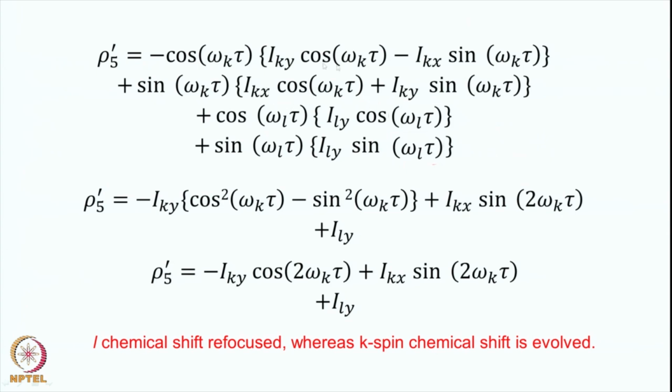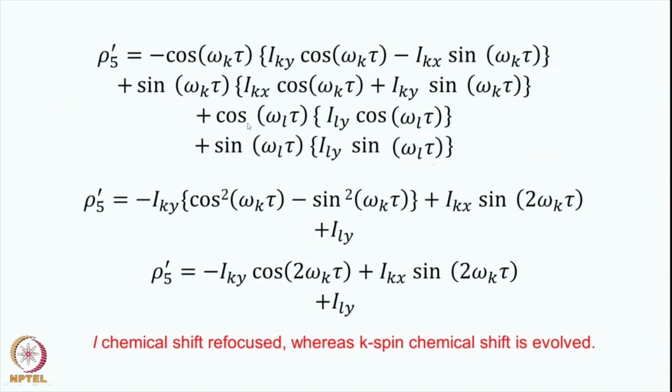Therefore this is the plus sign, this is the minus sign here, I pull this together, I take minus IKY, inside bracket I have cosine square omega k tau minus sin square omega k tau, and then you have this one here, this IKX sin omega k tau, okay, and cosine omega k tau, and this is sin omega k tau cosine omega k tau, these both have the same sign, this is minus minus plus and this is also plus. So therefore this gives me IKX sin 2 omega k tau.